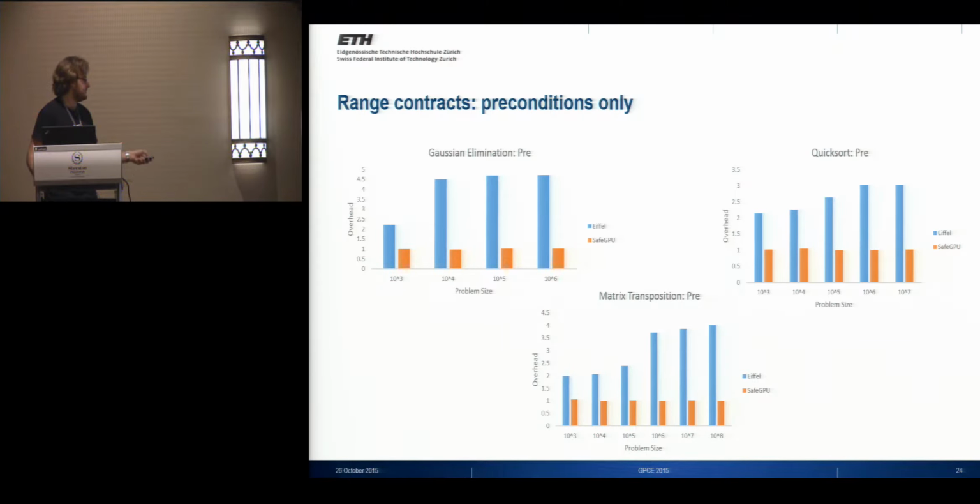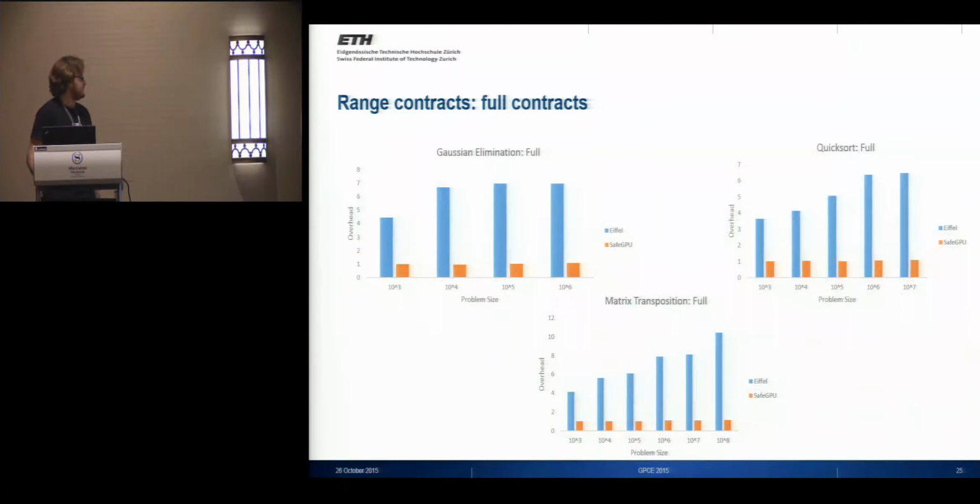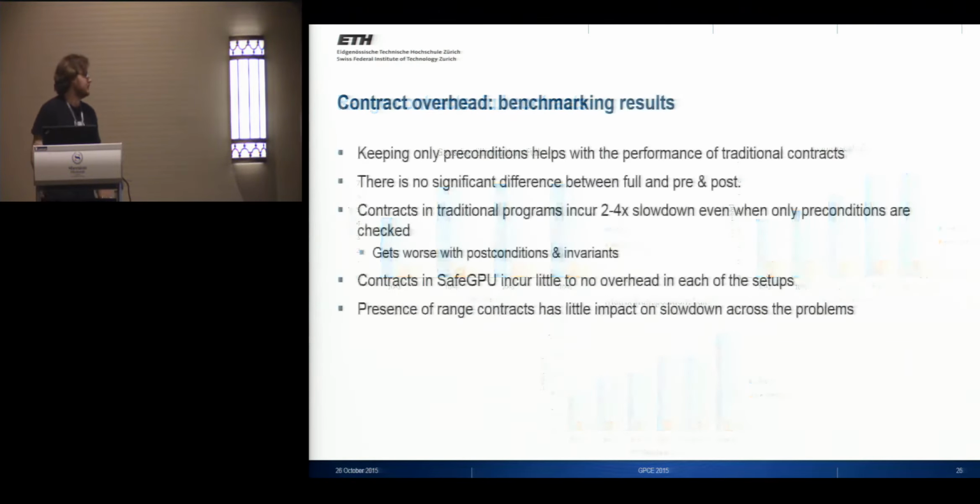There is some overhead towards the end. When you have big problems, SafeGPU has like 10% of overhead. And this is still true when you have full contracts with range contracts. For example, for matrix transposition, IFIL is almost unusable because you have like 10 times overhead with contracts.